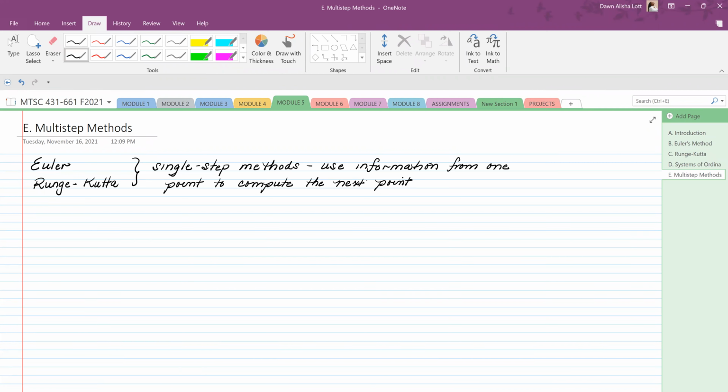Okay, so multi-step methods use several points, or use several prior points.